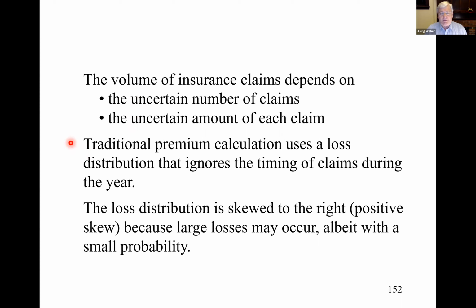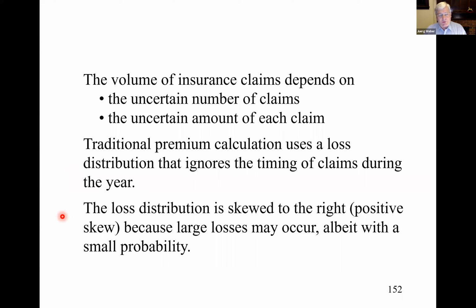Now, traditional premium calculation uses a loss distribution that ignores the timing of claims during the year. So in this traditional approach, it does not matter whether the claim is in January or whether the claim is in July. We just look at the situation of an entire year.